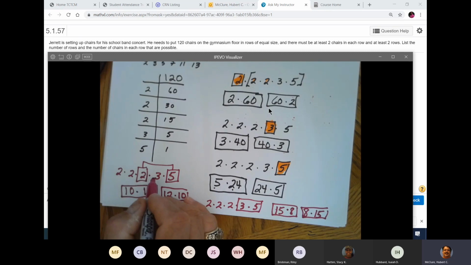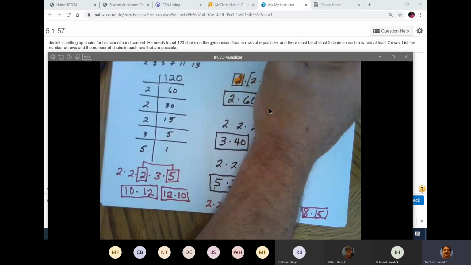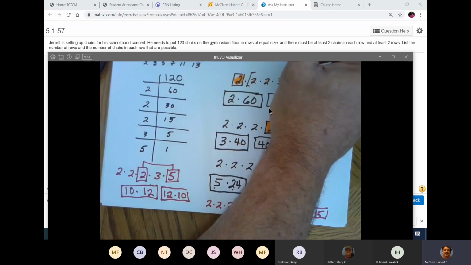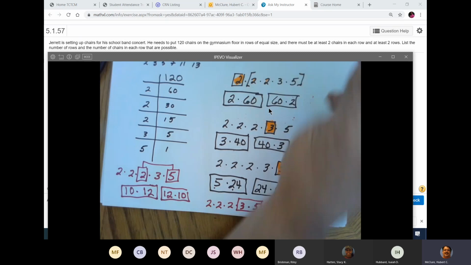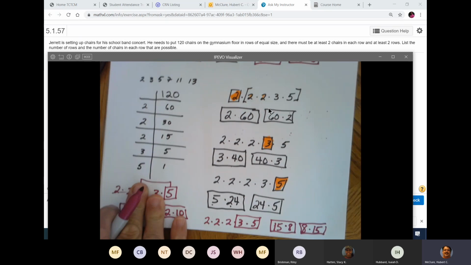Well, we could do 6 times 20. We got that. I thought we did. No. So we do 6 times 20, or what? 20 times 6. And after that one, you pretty much are overlapping because of the repeating 2's. So that should be your answer.